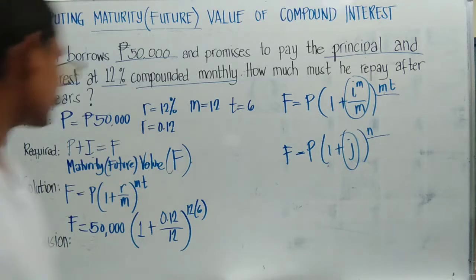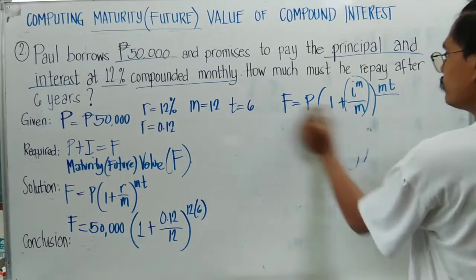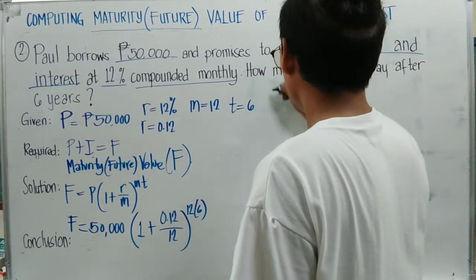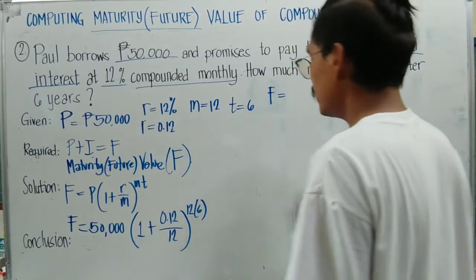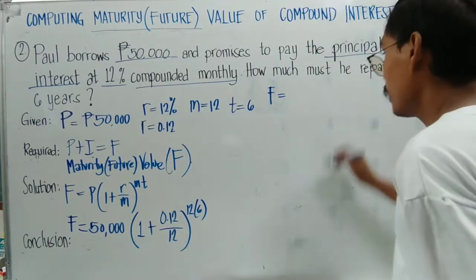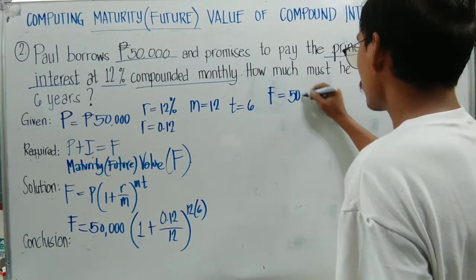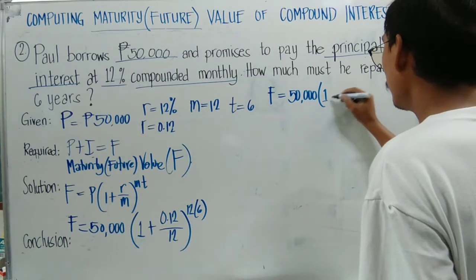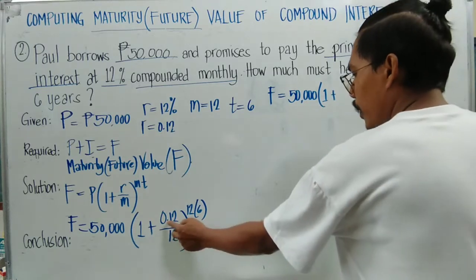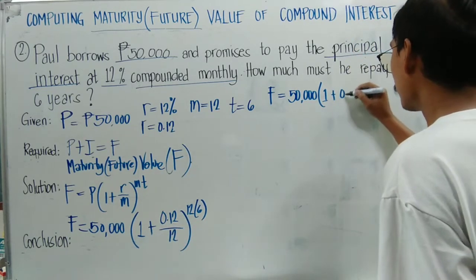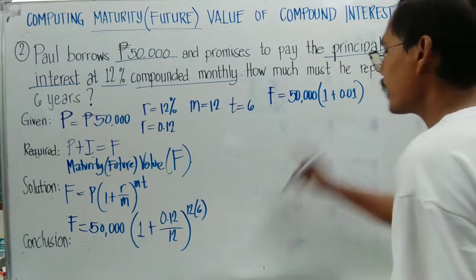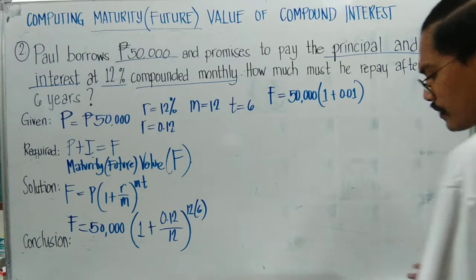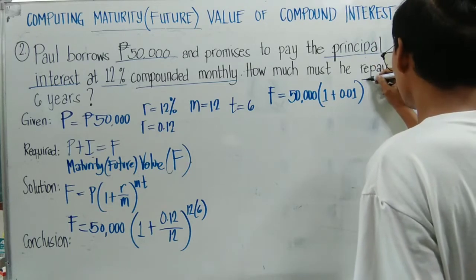Okay? So erasing this one. To continue, we have F equals 50,000 times the quantity of 1 plus 0.12 divided by 12 is 0.01, raised to 12 times 6, that is 12 times 6 is 72.